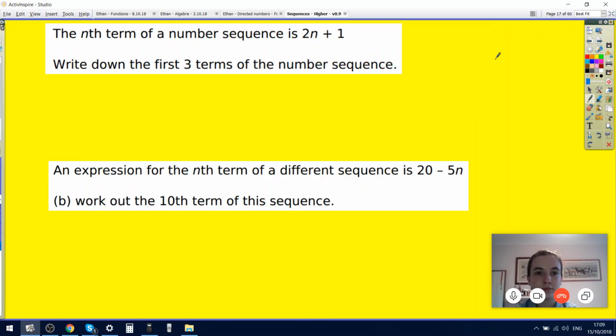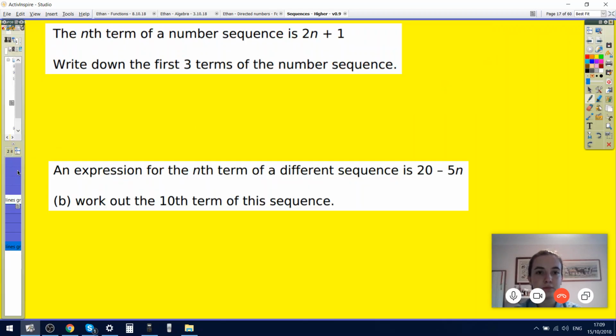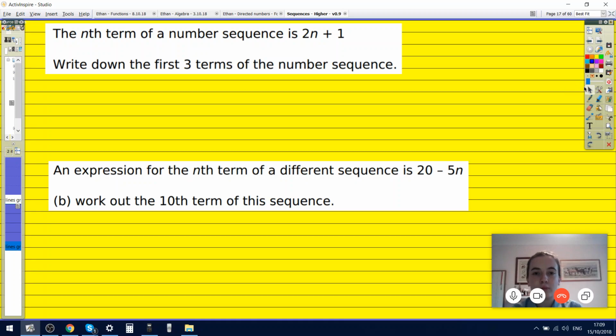Okay, so any idea how these work? Would you do 1 times 2 plus 1? Mm-hmm. So then that's just 3. Mm-hmm.